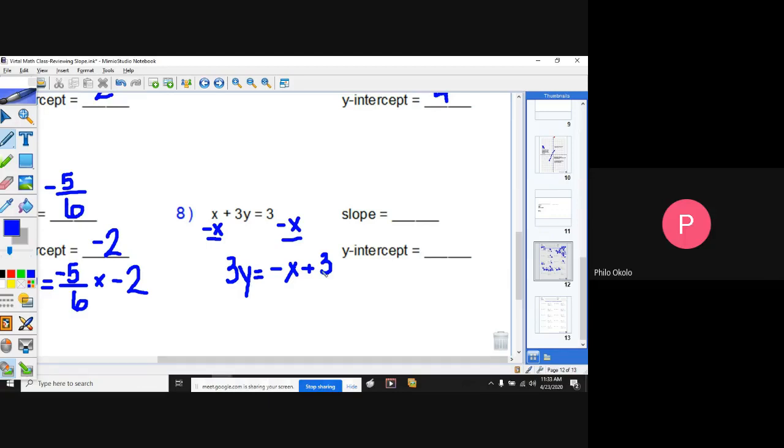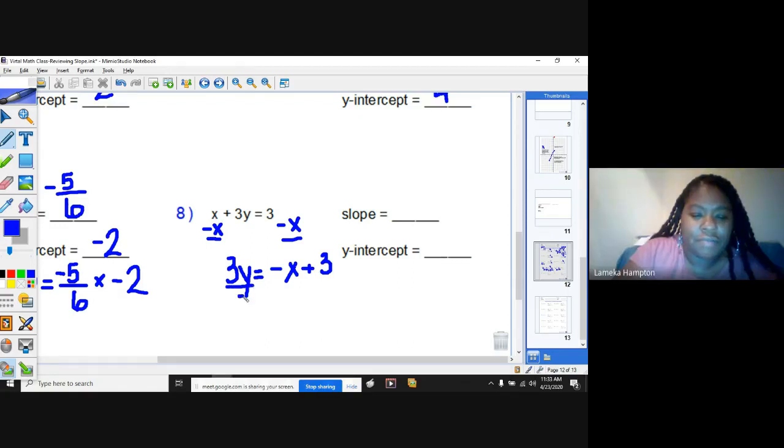So we make y be on its own by using 3 to divide. Yes. So I'm going to divide everything. When I say everything, I mean everything by 3. Of course, when I do that, that cancels out, and I am left with y is equal to what?